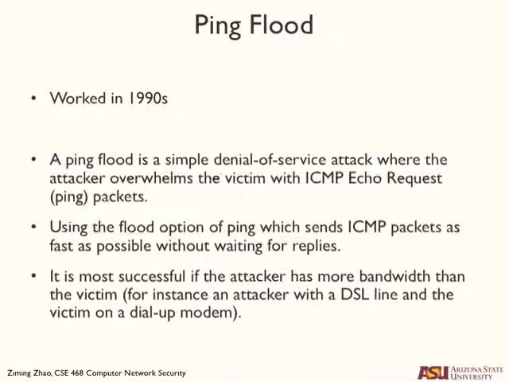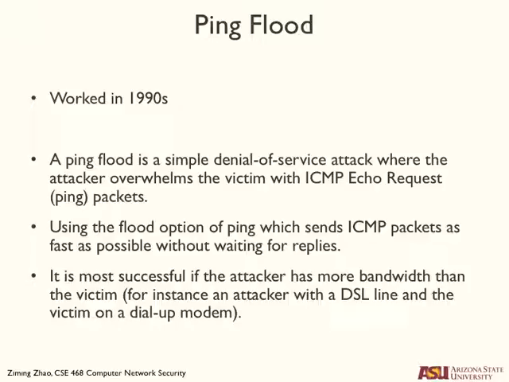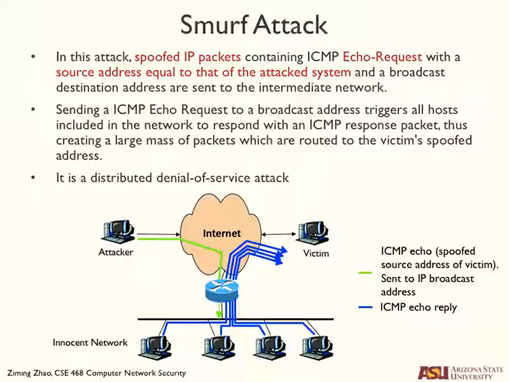And why is this more effective than the ping flood? Because in a ping flood, we're talking about just one host, one attacker trying to attack the victim. Even though that attacker can try to send out messages as fast as possible, still, there are not many. But in this case, if we have a huge innocent network, like ASU's network, we're talking about 10,000 machines, or maybe more, hundreds of thousands of machines, sending a reply message back to the victim directly.